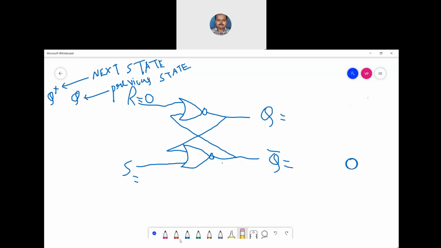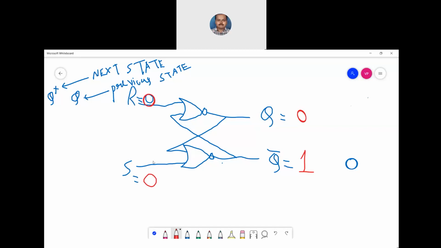Okay. Now we'll take that. Now this Q output is equal to 0. Since Q is 0, Q bar will be 1. Now this is like a present state. When R is 0 and S is 0, we know that the output produced is 0 and 1. Now the input we have is S equal to 0 and R equal to 1 here.